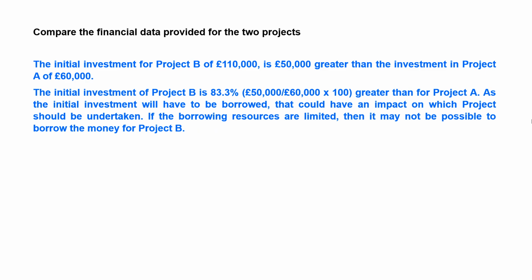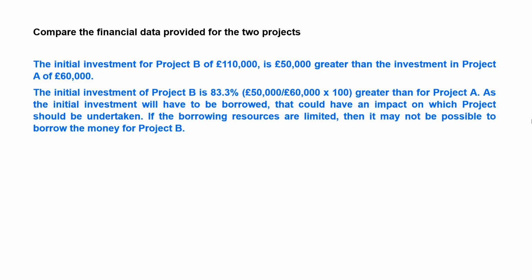Where does the 83.3% come from? Well, it's the increase of £50,000 compared to Project A's investment of £60,000, and to convert it to a percentage, you times 100. That's where the 83.3% comes from. So the initial investment of Project B is 83.3% greater than for Project A.